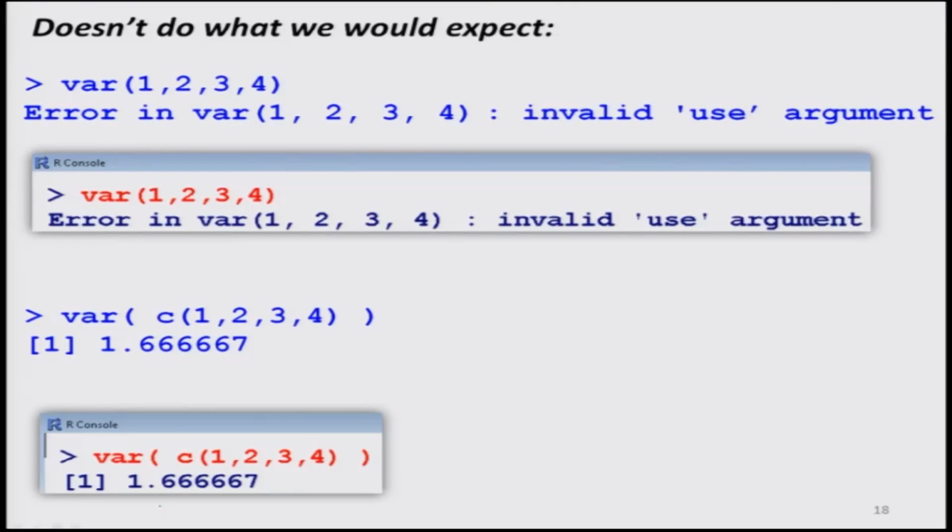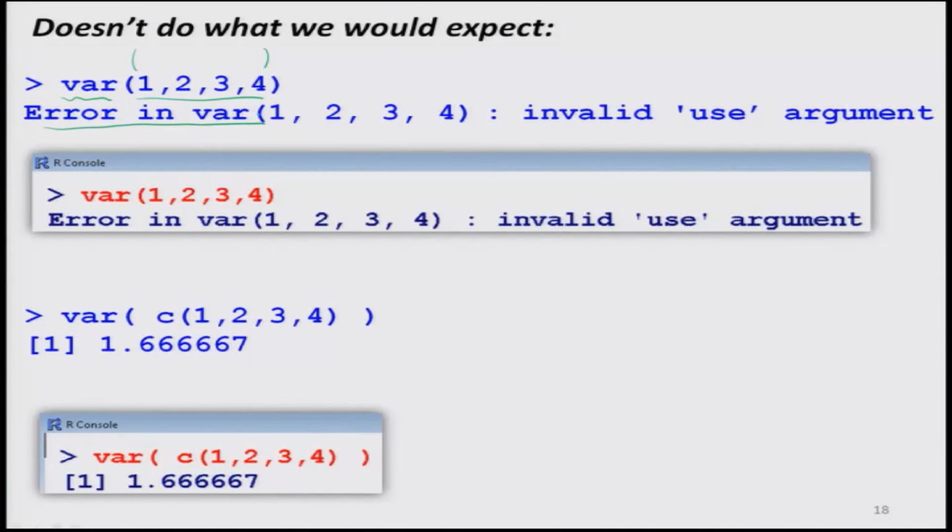Now a word of caution. Suppose you want to find out the variance of 4 values 1, 2, 3 and 4, and suppose you use the variance function var directly on these values 1, 2, 3, 4 given inside the argument, then you will not get the result, but it will tell you that there is some problem in this command, and this is an invalid command.